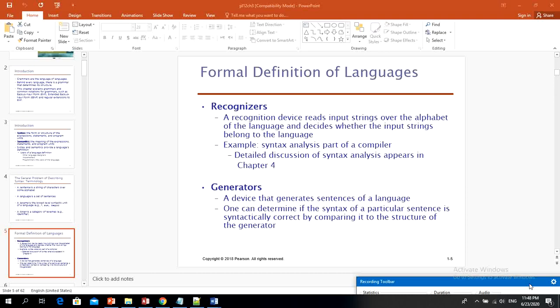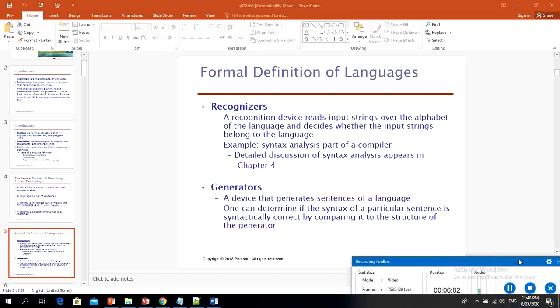So in the compilation process, there is an application called a recognizer. It tries to recognize these alphabets and decide whether these strings belong to the language or not, like compilers, for example.